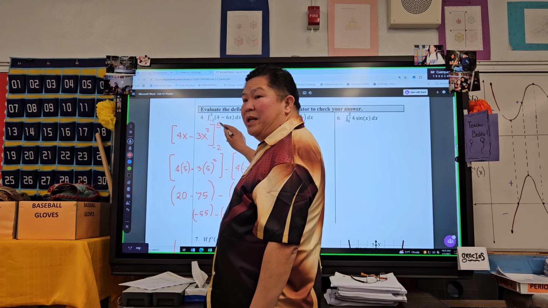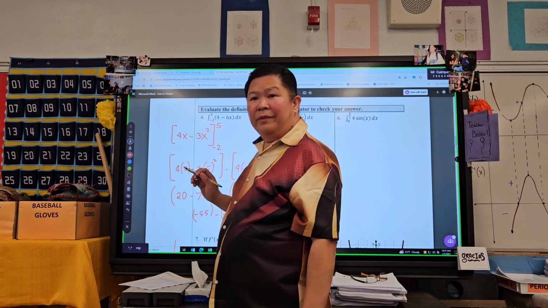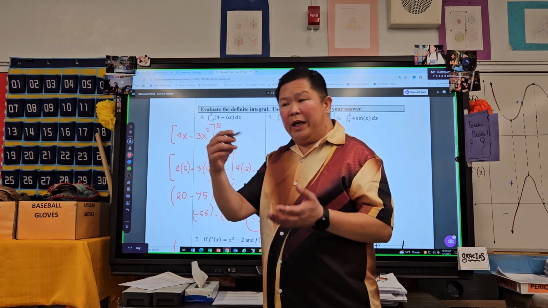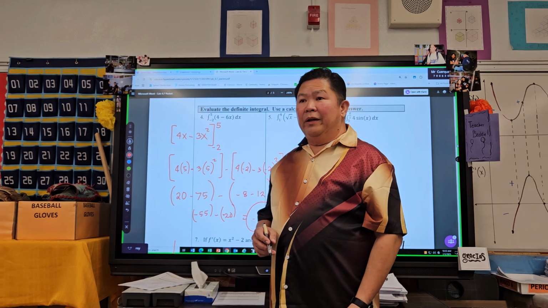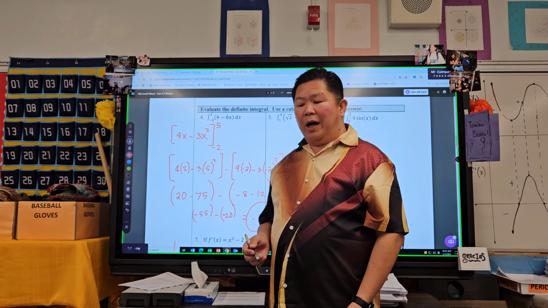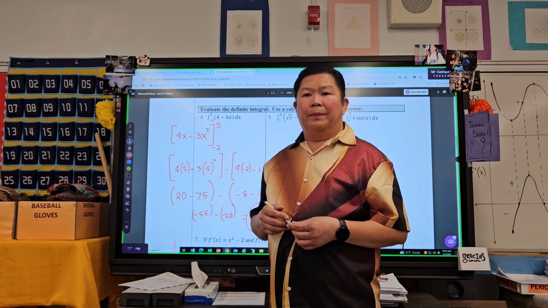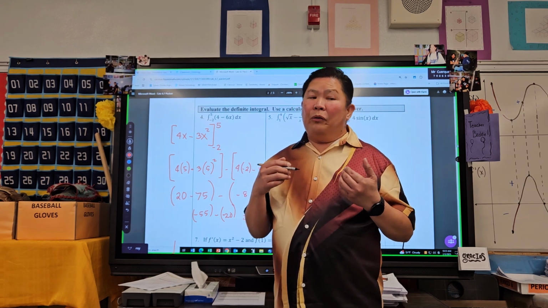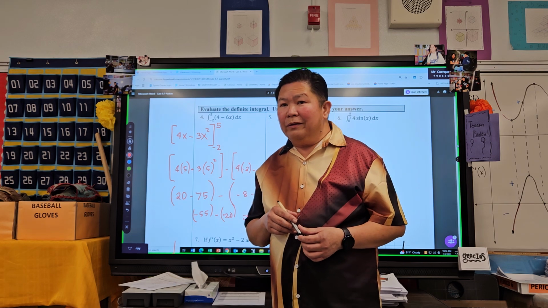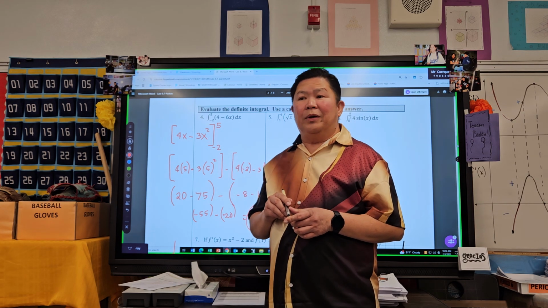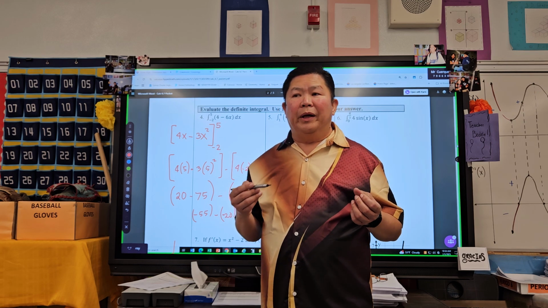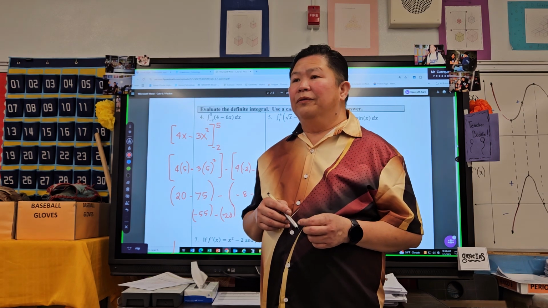Upper limit is the B. B minus A, right? F of B minus F of A. So you always have to plug in first the upper limit, and then subtract the lower limit. You're gonna plug in also the lower limit. Do not plug in first the lower limit and then minus the upper limit. That is not the concept of the fundamental theorem of calculus.